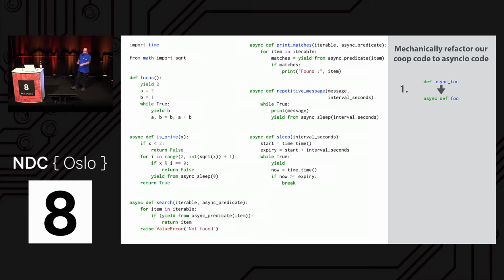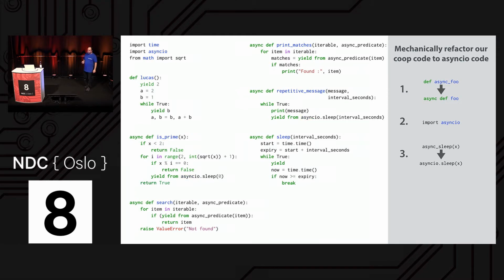So you can see all my coroutines are now async def. The next thing I'm going to do is just import async I/O. The reason I imported async I/O is so that I can call async I/O's sleep function rather than my sleep function. So I'm going to replace all the calls to async underscore sleep with async I/O dot sleep.